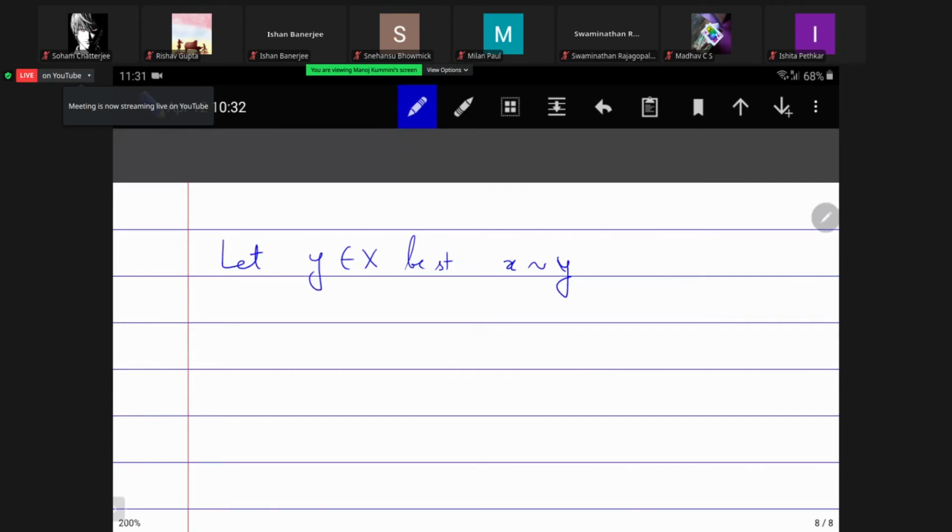Why do we need to show that x1 is related to x2 over here? Because if we have x and any element in this set is related to x, then that's enough, right? That is enough. But by an equivalence class, we mean a subset in which every pair is related to each other. If you just check for a fixed element, then by symmetry and transitivity, every pair will be related to each other.